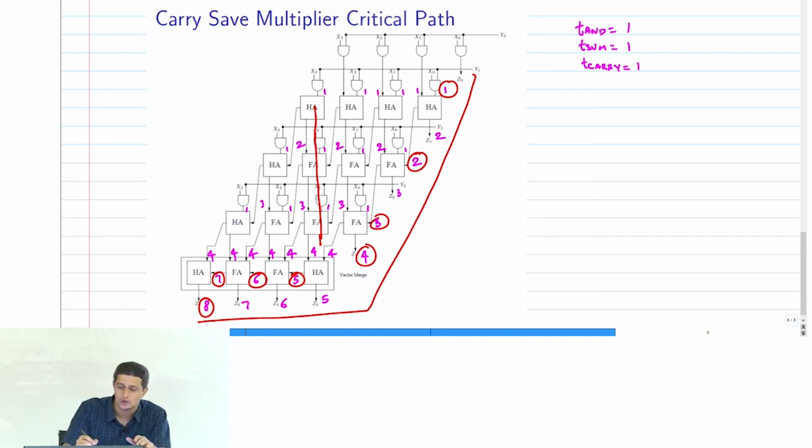Effectively, if you want to write the delay of this path, carry save, it's going to be T and plus how many things to propagate down?